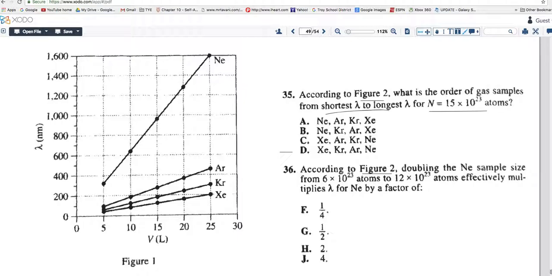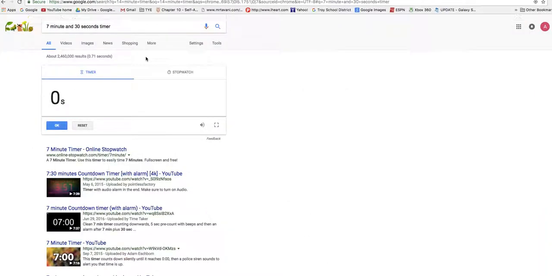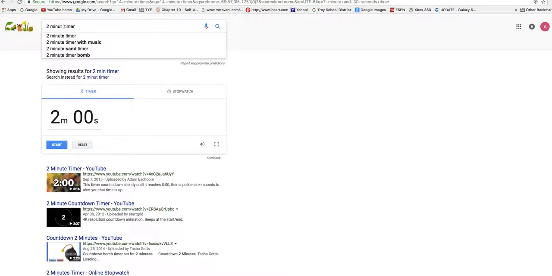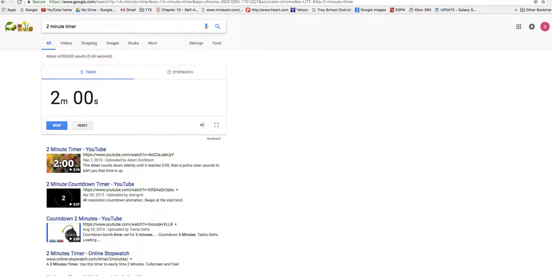Did everyone finish this last passage? No. How many of you didn't? Raise your hand if you did not finish it. Okay, take another 2 minutes and finish this one. Don't change anything on your scan. Oh, you don't have it actually.